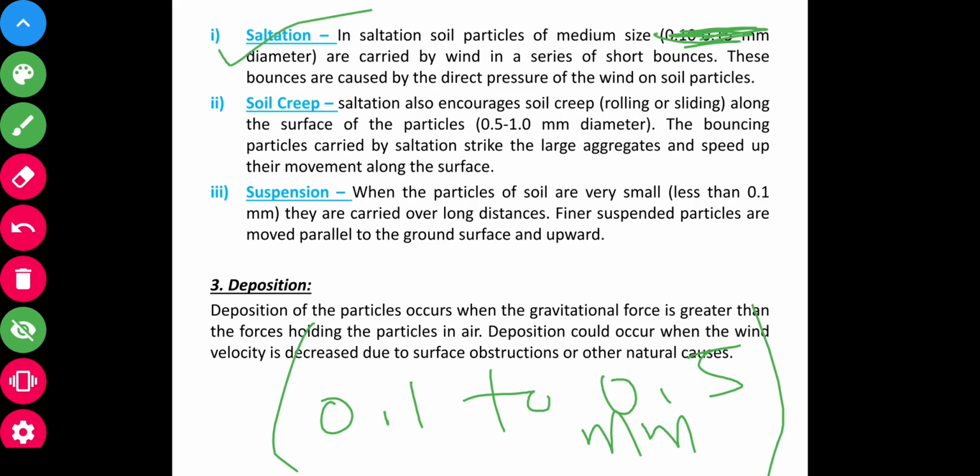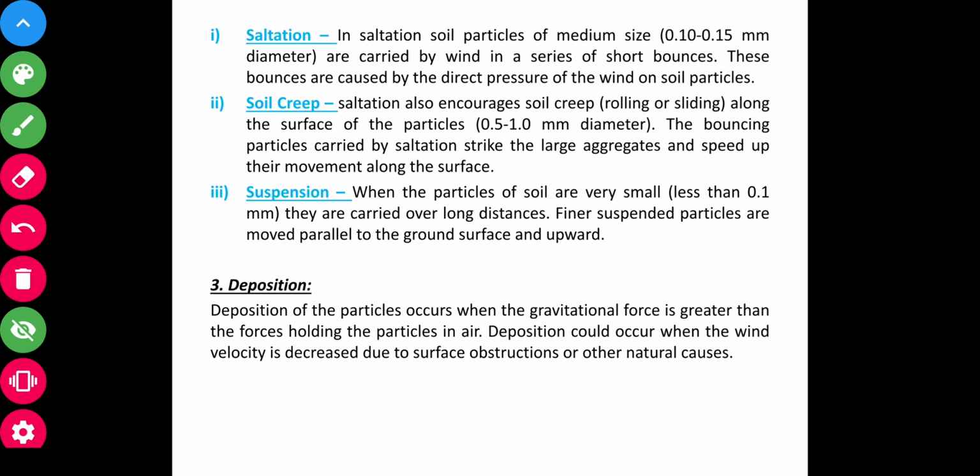Means the particles ranging from 0.1 mm to 0.5 mm are carried by the wind in a series of short bounces.